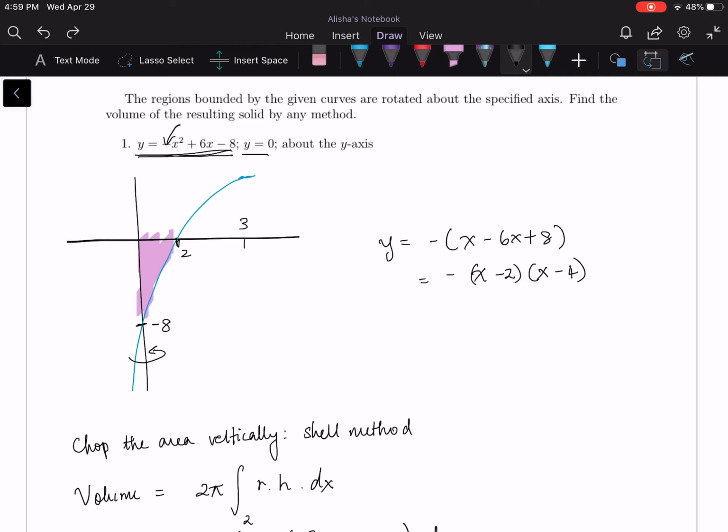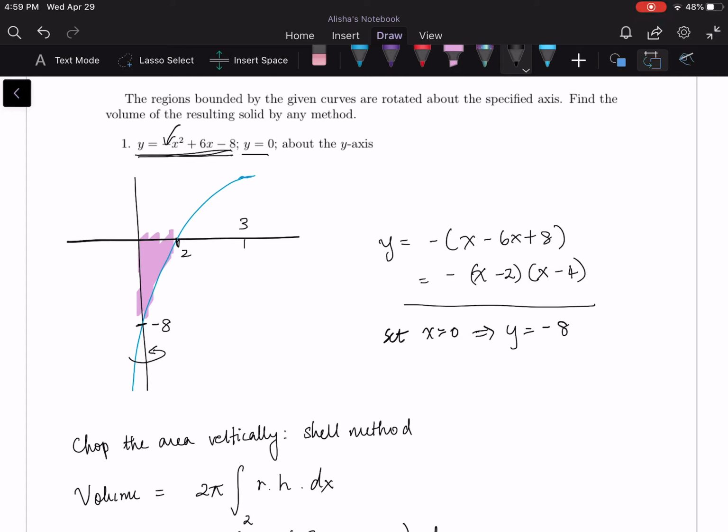So I factor it, and the x-intercepts are at 2 and at 4. Then if I set x equals 0, I get y is minus 8. So that's the y-intercept. That helps me draw out this shape, and that helps me understand the region that we're working with.